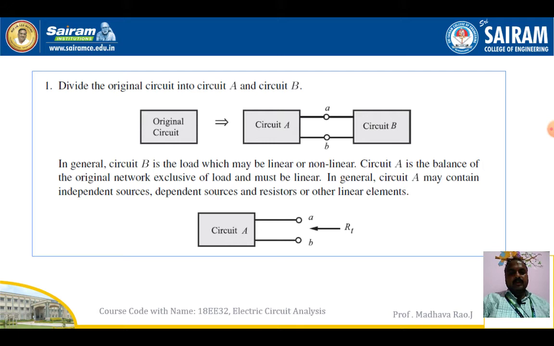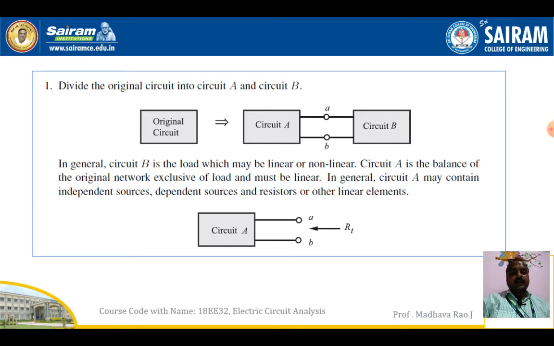A load may consist of a resistor, capacitor, inductor, or combinations of them. Circuit B is the load, which may be linear or non-linear. Circuit A is the balance of the original network, exclusive of the load, and must be linear.